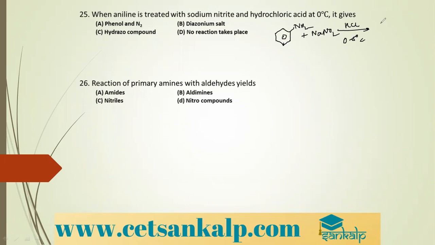What do we get? If further hydrolysis occurs, we get phenol and N2 gas. But here they have not mentioned further hydrolysis. So this is not mentioned, and when it is not mentioned, this is not the product.